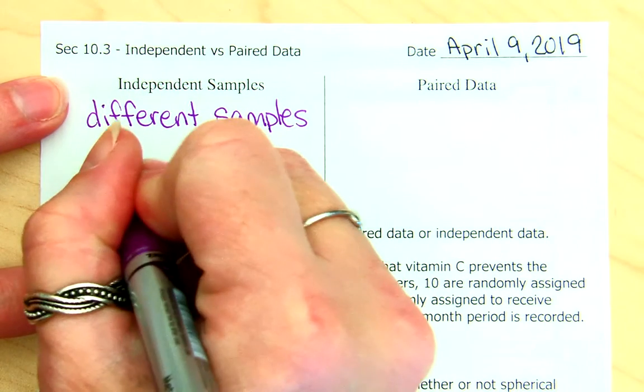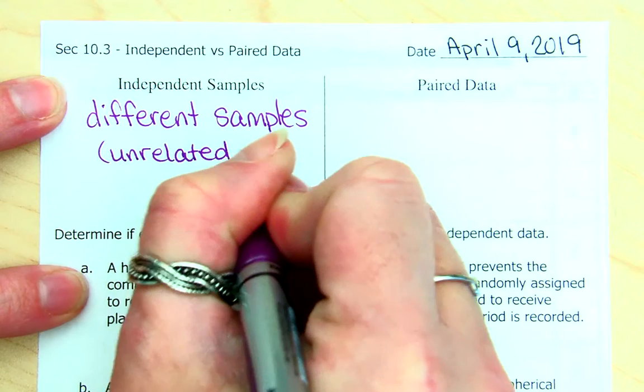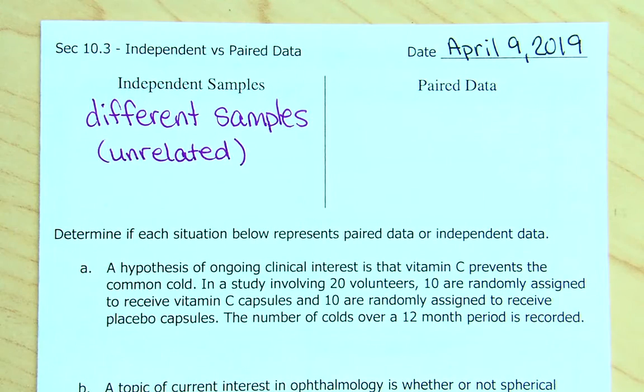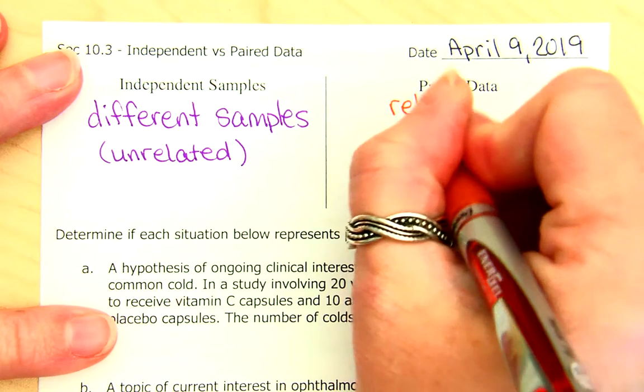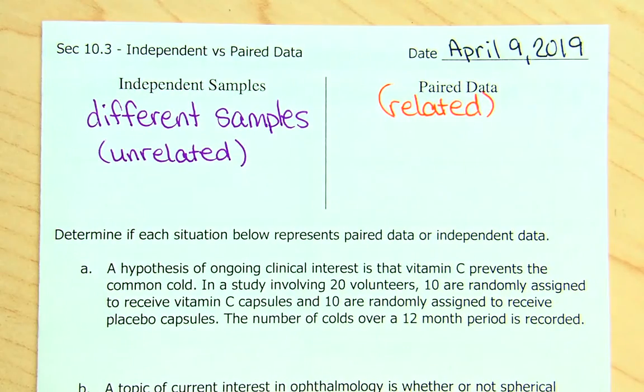And these different samples are unrelated. When we talk about paired, we're going to talk about related things. So these are related. So there's a reason we're pairing them.